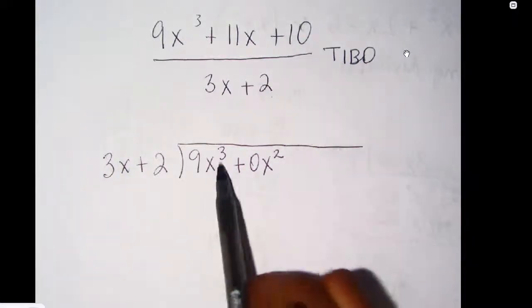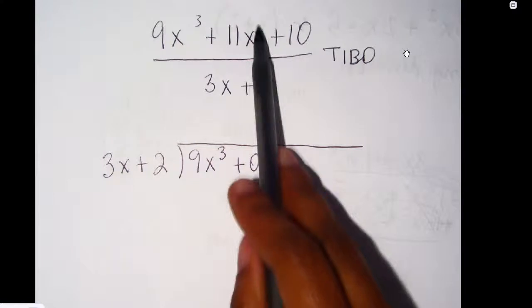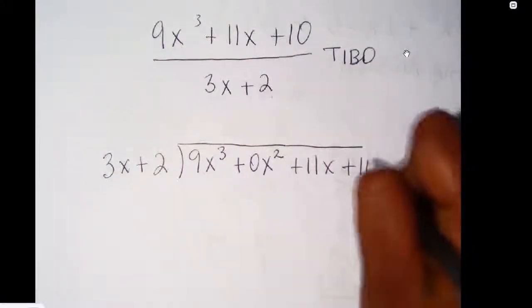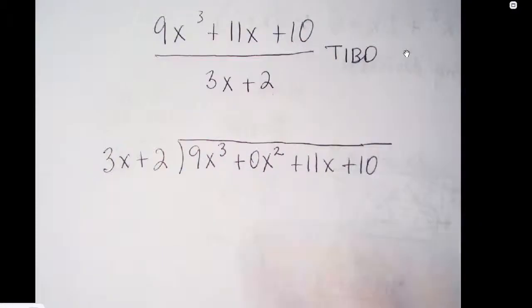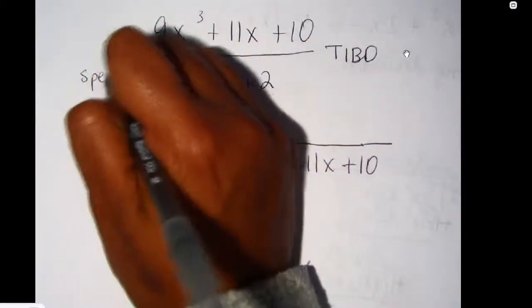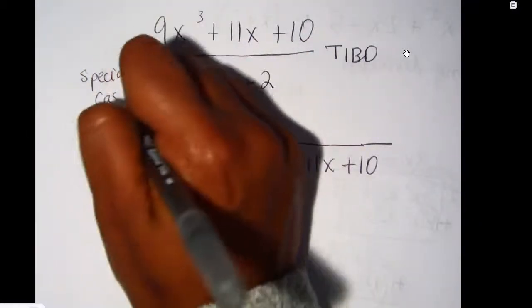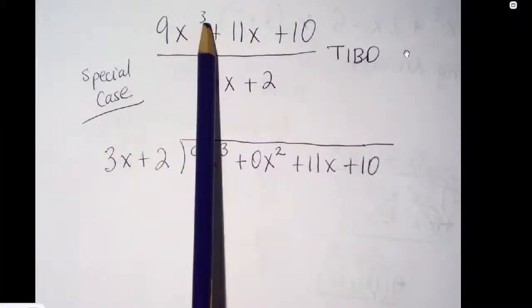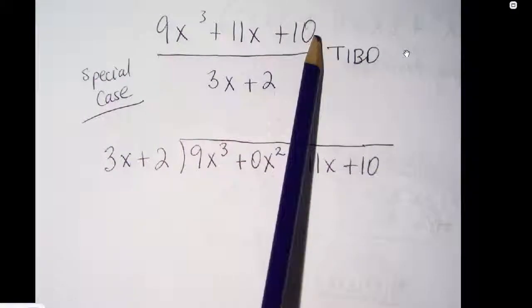Okay, but now it goes 3, 2, the next term has a 1, so here goes the 11x, and then here's the constant. Okay, so again, this is what I call a special case, because you do not have all of the different powers inside of this top expression.